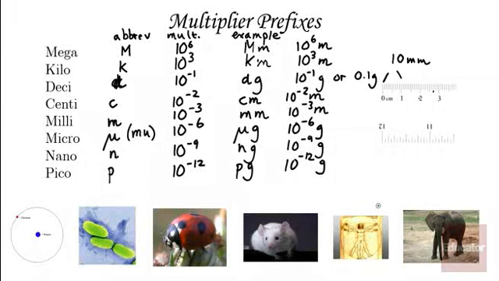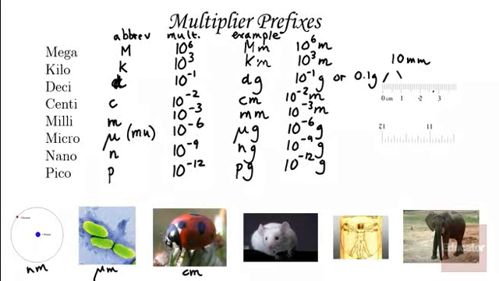For example, the size of an atom is of the order of nanometers. The size of a bacterium, some of the larger ones anyway, will be something of the order of micrometers. You've all seen a ladybug. It's of the order of, what, a centimeter or so in size.